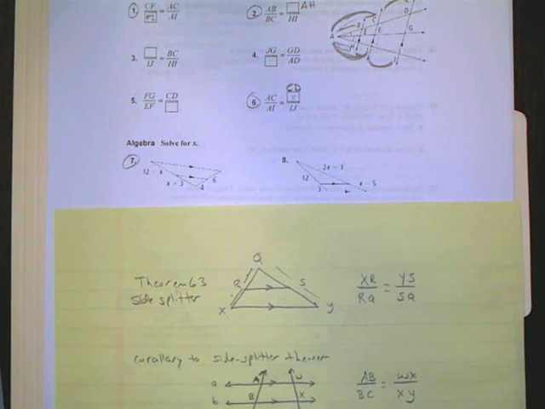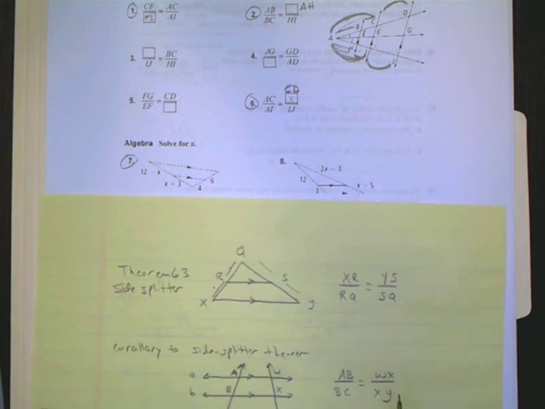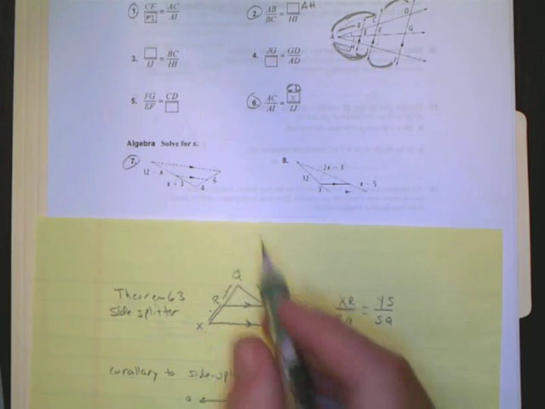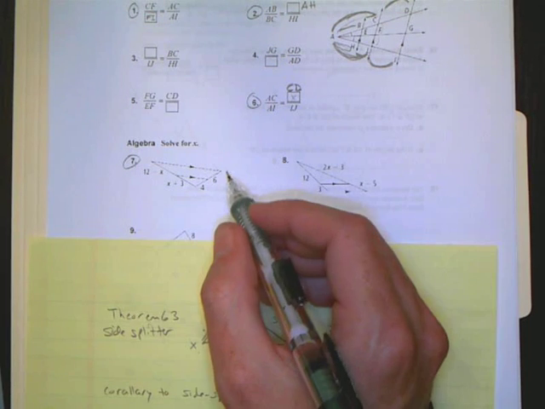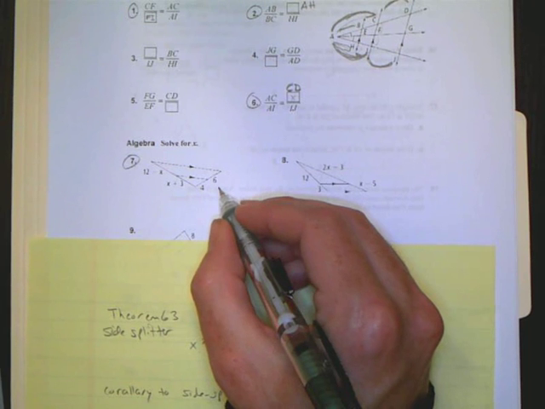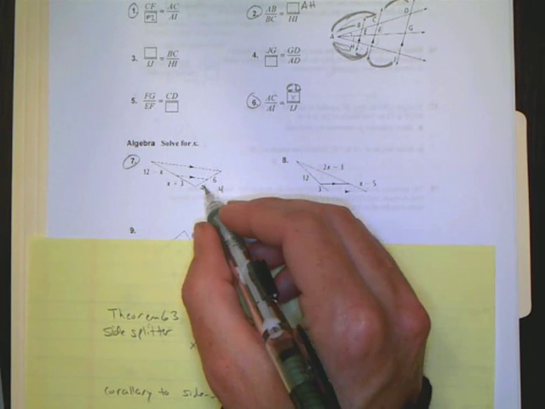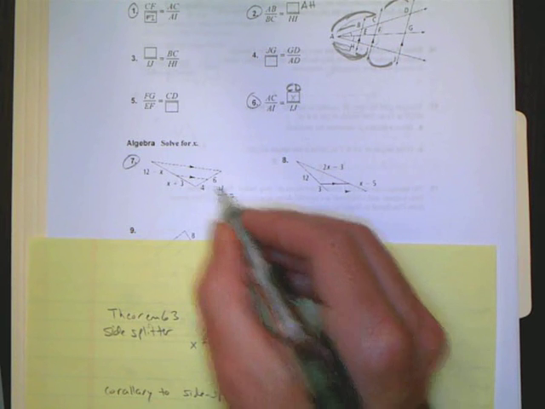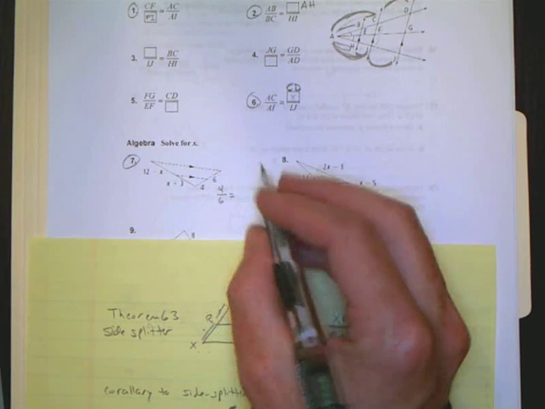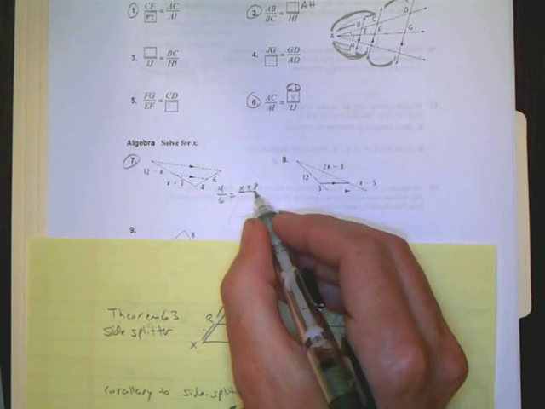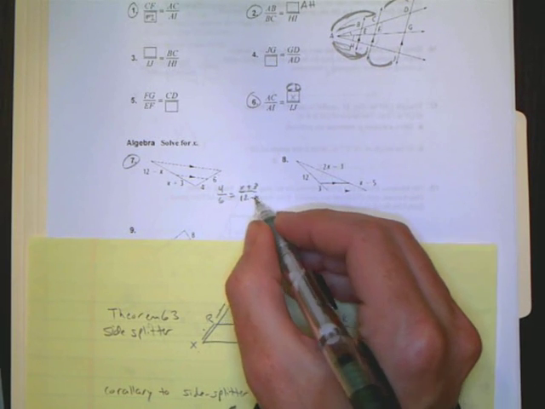So when you look at a question like number 7, we can see that we're using the side splitter theorem. Because this is a side splitter theorem of 2 parallel lines, I can set it up by simply saying that 4 over 6, so this to this, is equal to x plus 3 over 12 minus x.